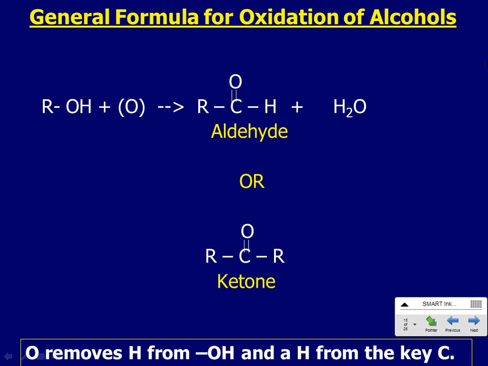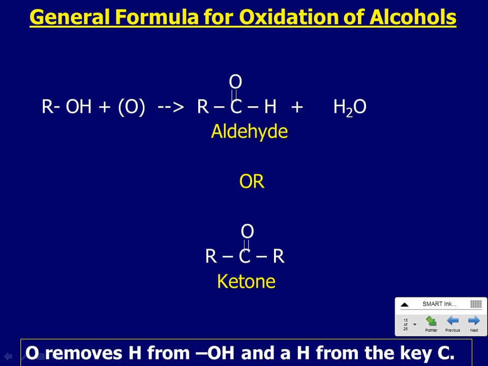So here we've got a general equation, and then we'll do some specific examples. If you take an alcohol, there's our general formula for alcohols, R representing just a bunch of carbons, and you do what we call a mild oxidation. You'll notice I've represented it as an O in brackets. That's not an O2.